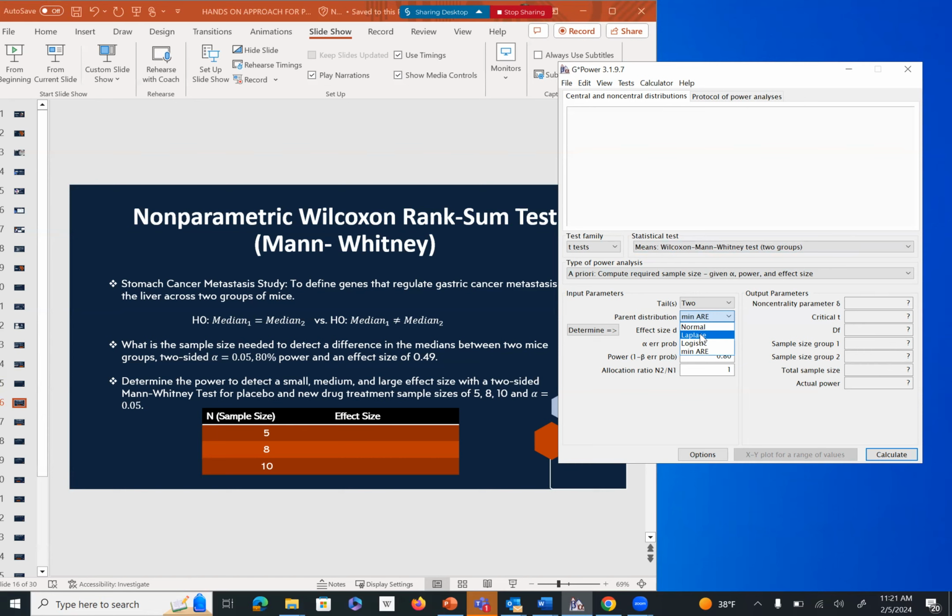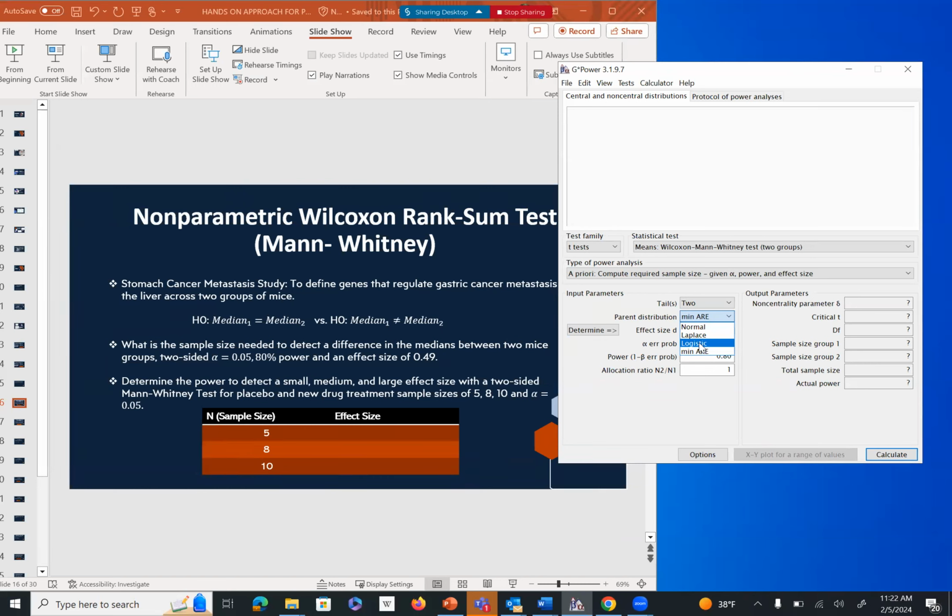And the logistic distribution is used to describe the model growth. It's a symmetrical distribution and has one peak. This can be seen when you run a histogram or a univariate analysis and look at how the data is distributed for the sample, and you can assess whether it's normally distributed, or whether you want to use a function of Laplace, logistic, or min-R.